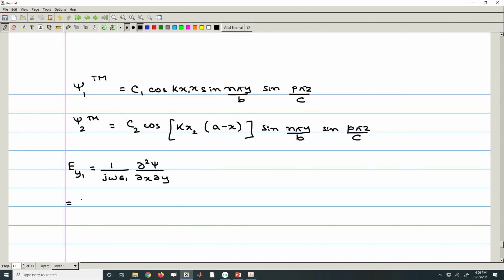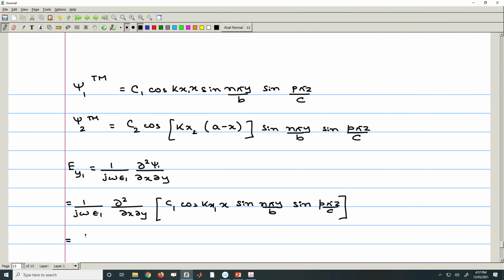In place of psi 1 we will write C1 cos of kx1 x sin n pi y by b sin p pi z by c.